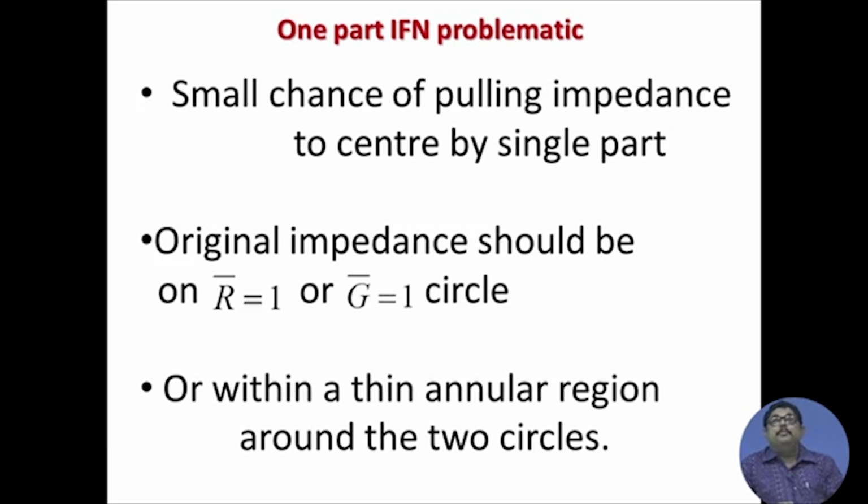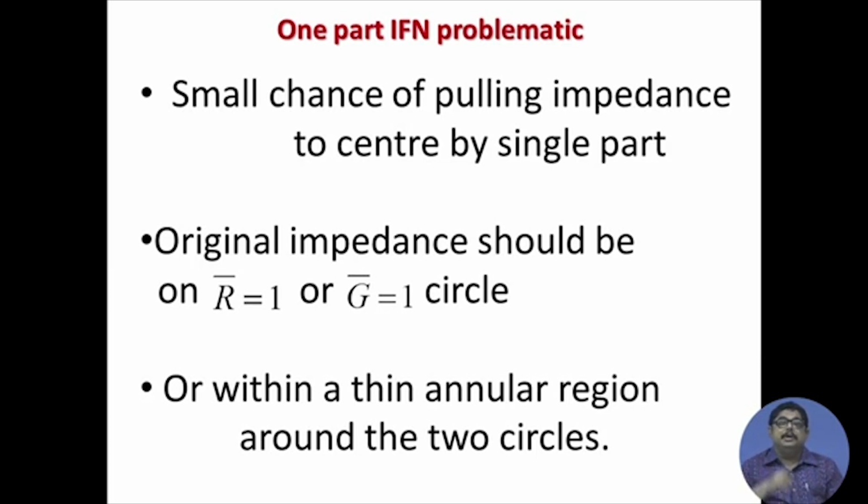Now, with a single part impedance matching network, this is problematic, because there is a small chance of pulling the impedance to the center by a single part, because only in one direction can you pull with a single element. The original impedance should be on the R equal to 1 or G equal to 1 circle, then only can you do a perfect conjugate match with these.